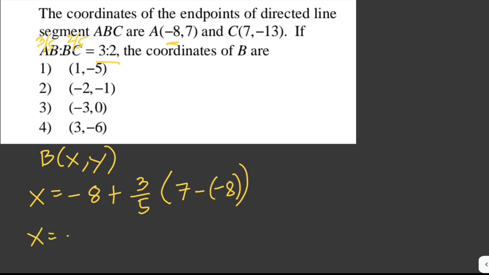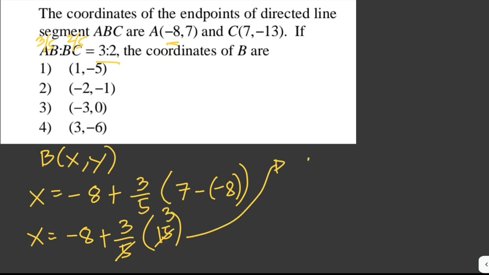So x is equal to negative 8 plus 3/5 times 7 plus 8 is 15. And 15 is divisible by 5, so this is just 3. So x is equal to negative 8 plus 3 times 3 is 9, so x is 1. Therefore the x coordinate of B is 1.